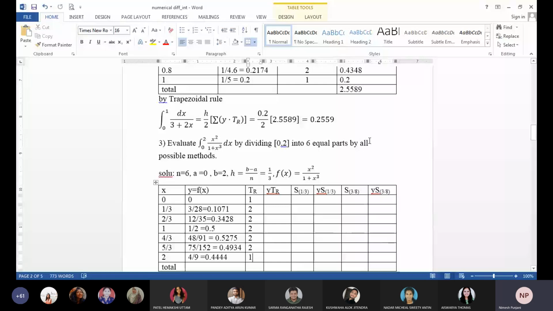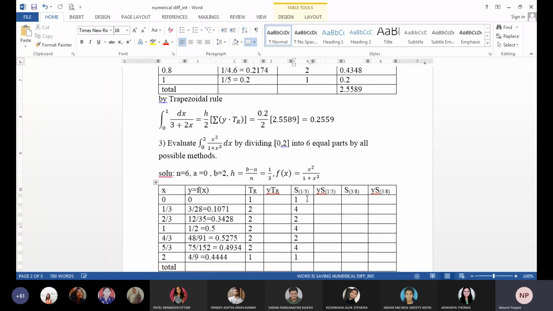For the Trapezoidal rule we had seen that the coefficients are 1 for first and last, and all the rest are 2. What I will do is write down the coefficients of Simpson's 1/3 and Simpson's 3/8. Then you can complete the table and get the answer. Simpson's 1/3 is 1, 4, 2, 4, 2, 4 and 1.